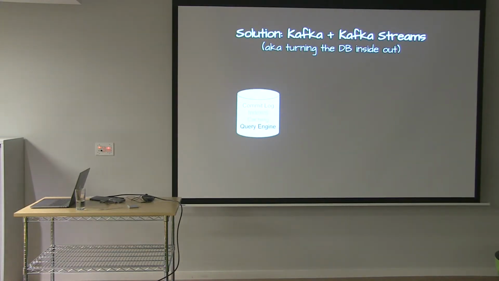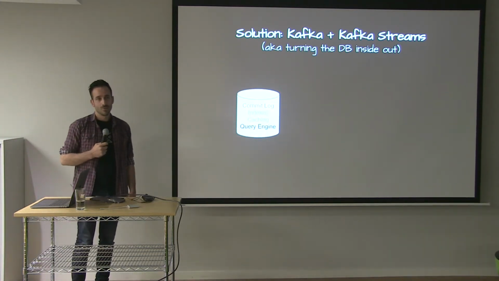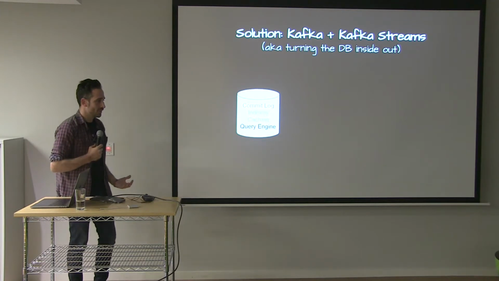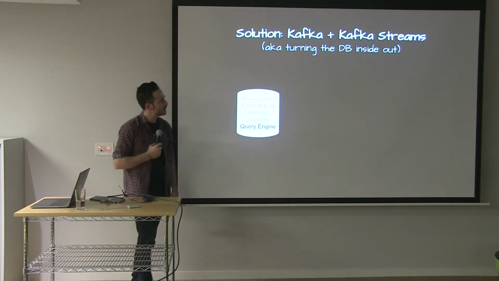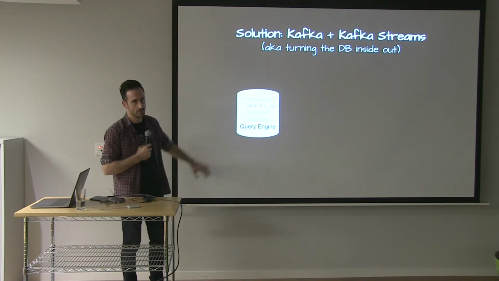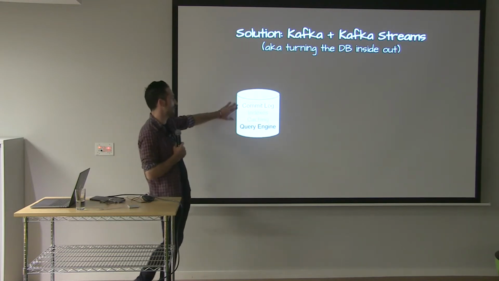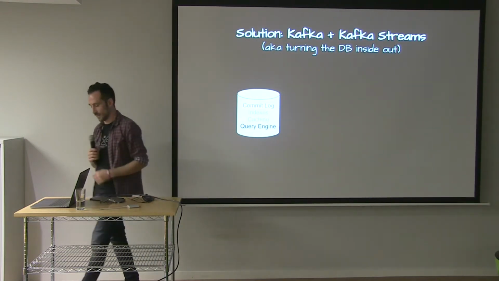Kafka and Kafka Streams. Let's think back about database, okay? We have seen that we cannot go directly to the database anymore, right? But if we think about the components that are inside a database, what are the main components? Well, there is a commit log, there are indexes, caching, and a query engine.